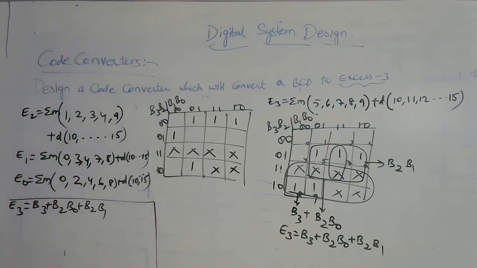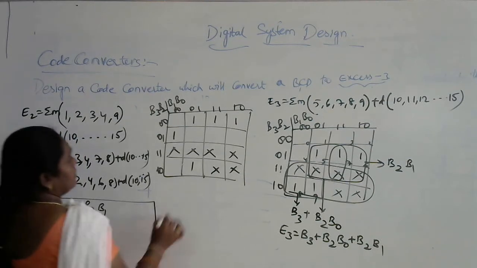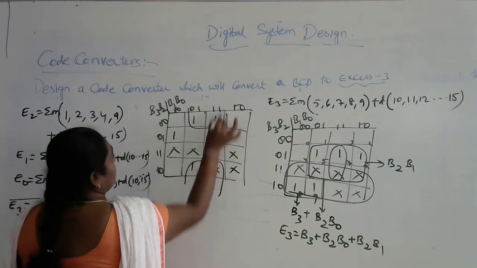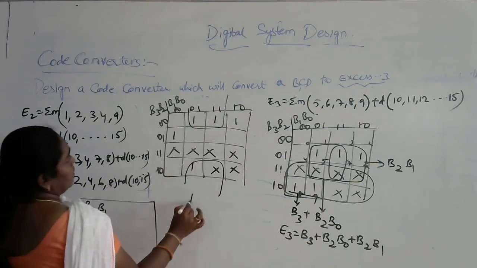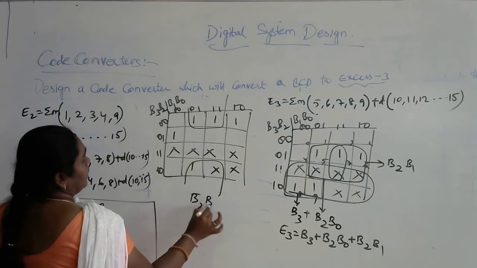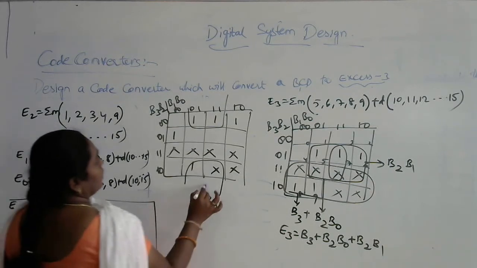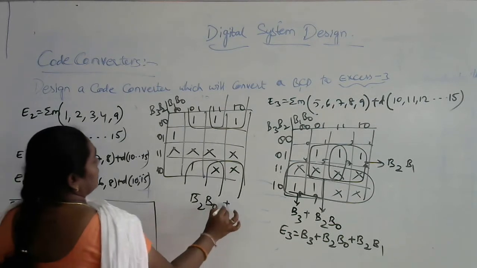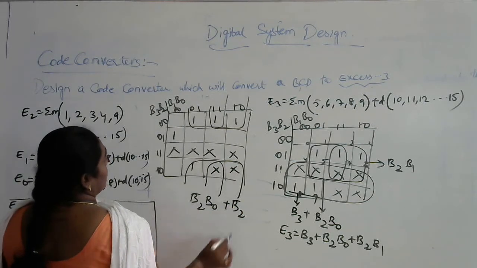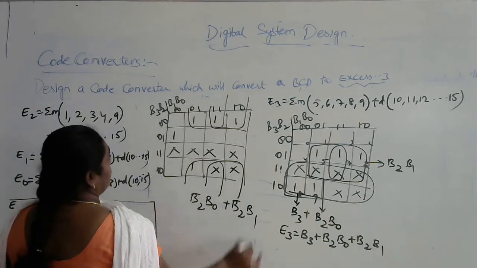If you observe, we can make this as one quad. The expression for this quad is B2 bar B0. Similarly, you can make these two as one quad. This becomes B2 bar B1.